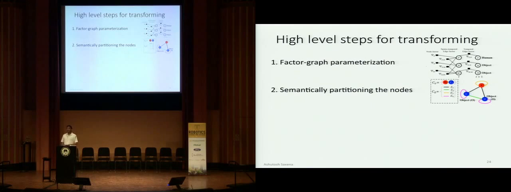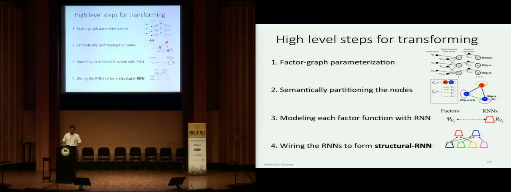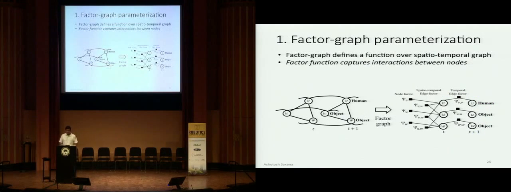For example, time properties are very different from space properties, so one can help the learning algorithm by labeling them as time and space properties. Then we model each factor with an RNN, and then we have an algorithm that takes those RNNs and wires them to form a structural RNN. That's about it. So part number one, let's go into a little bit more detail.